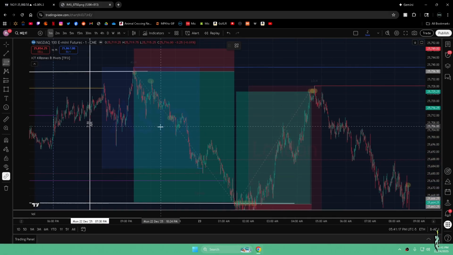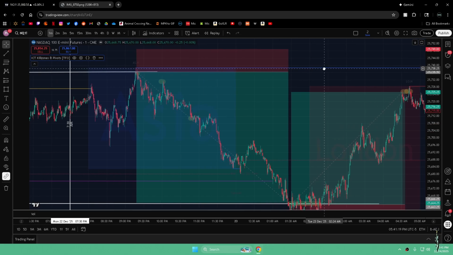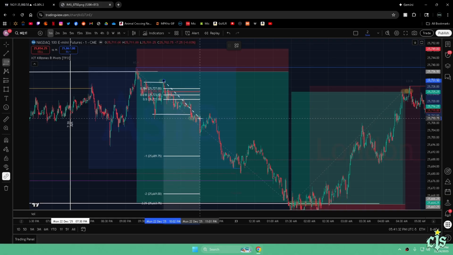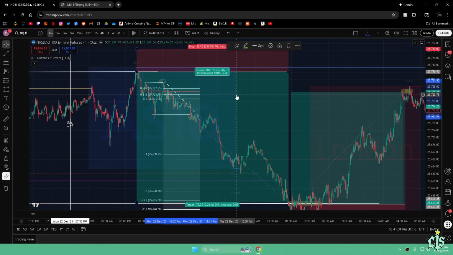So if we look for a sweep of a high and a low, we have this sweep right here, and this sweep right here. So we mark our fib, the high to the low, entry zone right here.